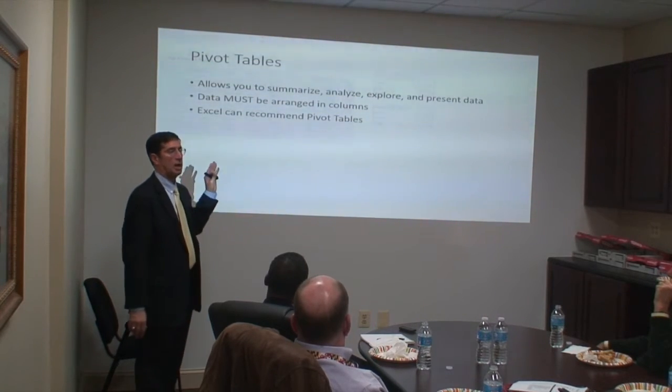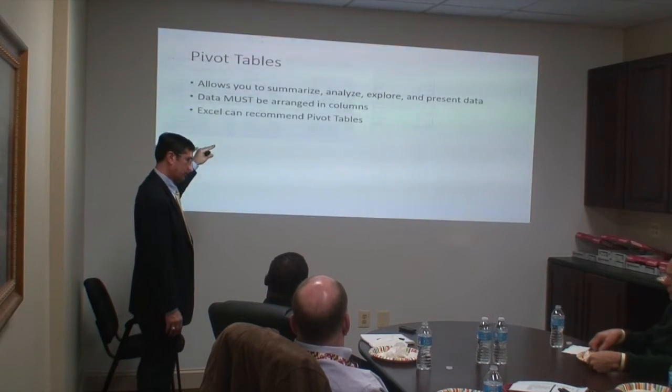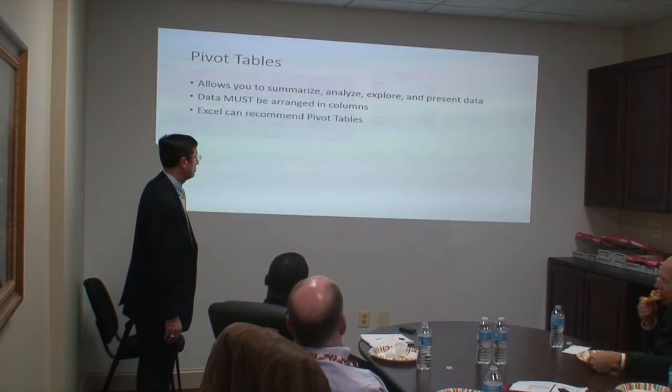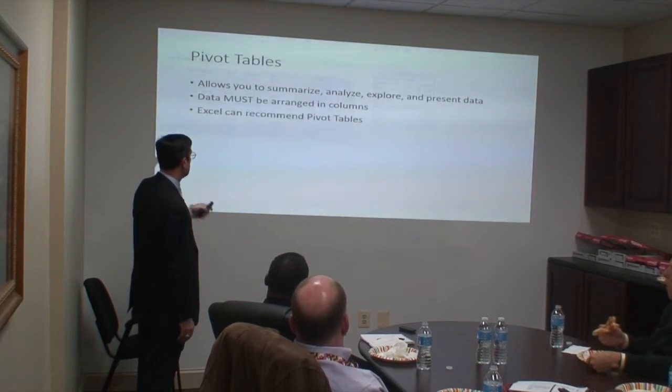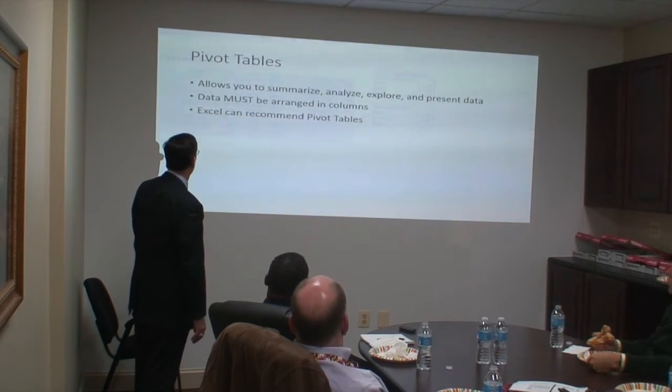It has to be in columns though. It has to basically be a continuous bunch of information arranged in columns. And headings help. I think it has to have headings, but I'm not positive about that.